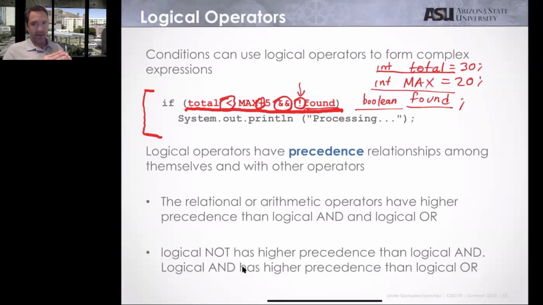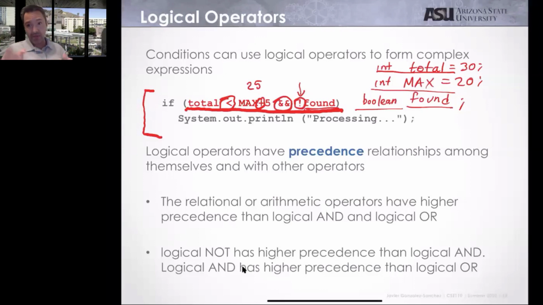Remember, the first ones to run are going to be the arithmetic ones. And the only arithmetic that I have is the plus, so that one is going to be the first one. So the first thing that I'm going to do is max plus 5. And in that moment, this one is 25, right? 20 plus 5, 25.